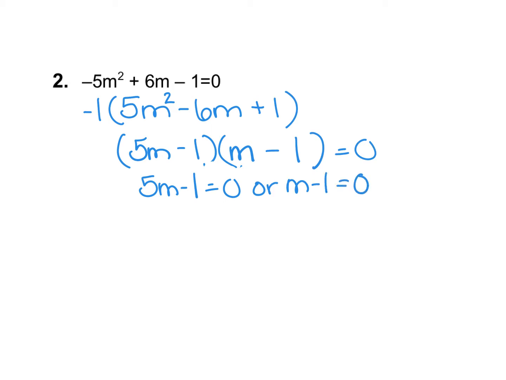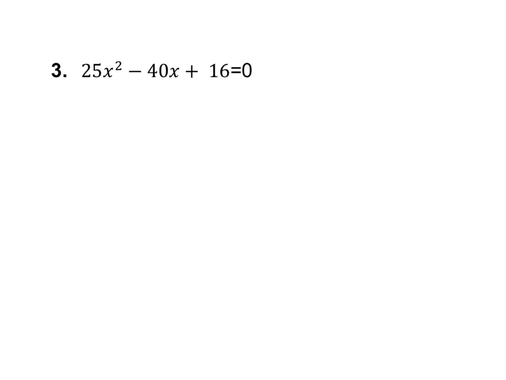So m is going to be equal to, I'm going to add 1 and divide by 5, or I'm going to add 1, m is equal to 1. So 1/5 or 1.